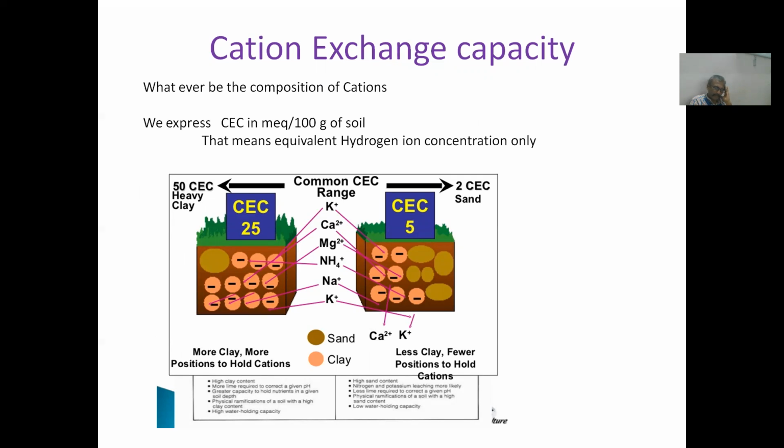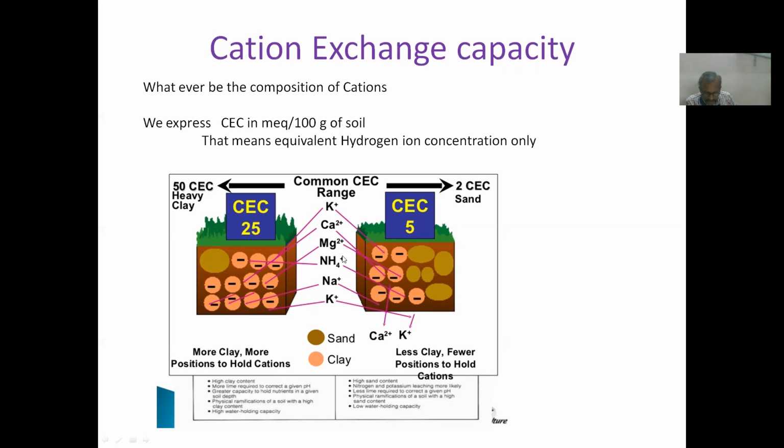We should keep in mind that, as you know very well, a soil will contain different kinds of cations like potassium, calcium, magnesium, ammonium, and things like that.